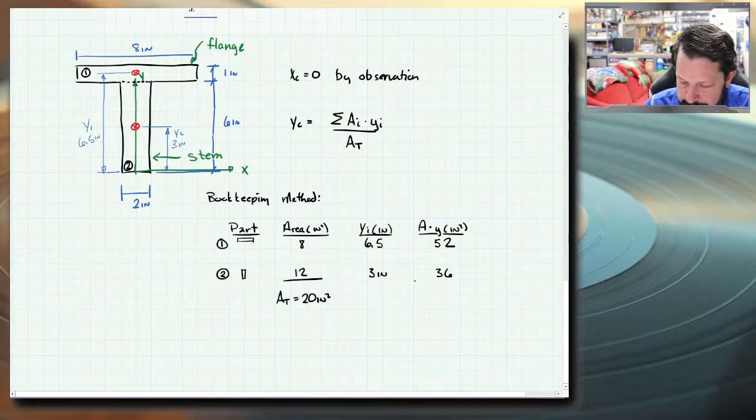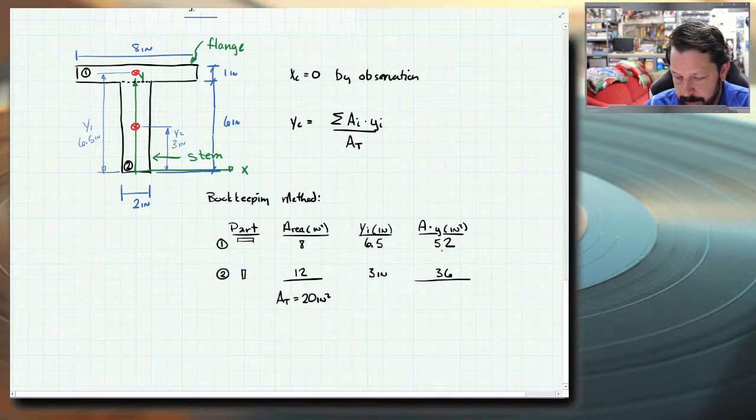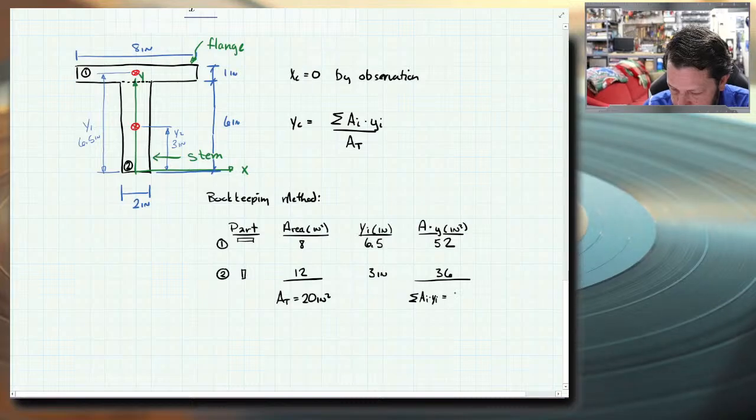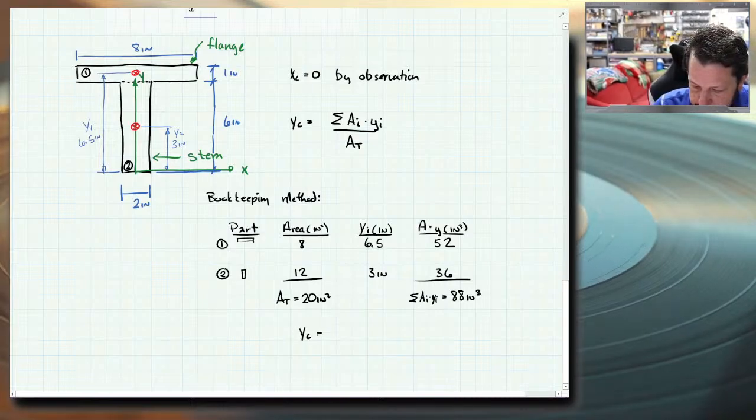The numerator says I need to sum all the a times y. So 36 plus 52 is 88. That would be the summation of ai times yi equals 88 inches cubed. And then y sub c equals the summation of ay over total area.